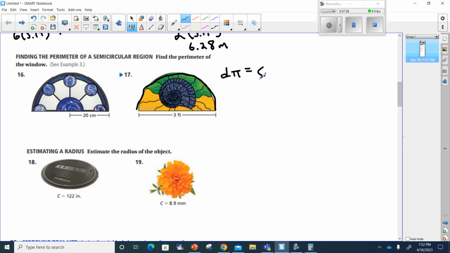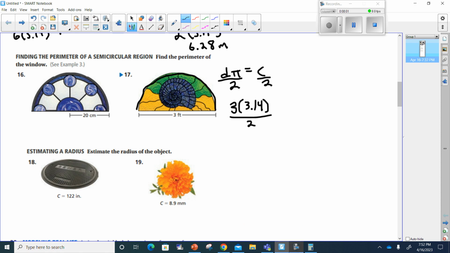So after I find it, I'm going to divide it by 2. That means I've got 3 times 3.14, and then I'm going to divide all that by 2.